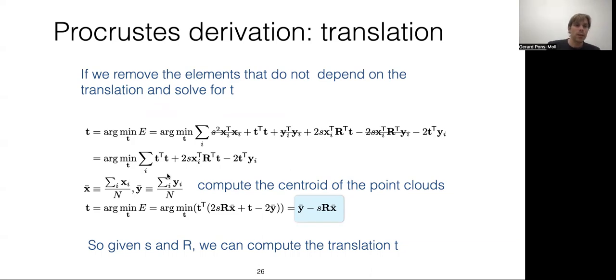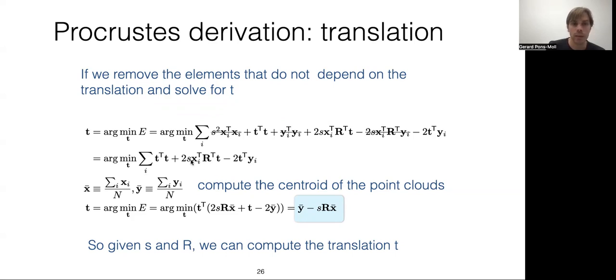Here we have this summation over i, and notice that I could plug this summation inside, right? The rotation and scale can come out of the summation because they are constant for every term in the summation. They don't change with i.